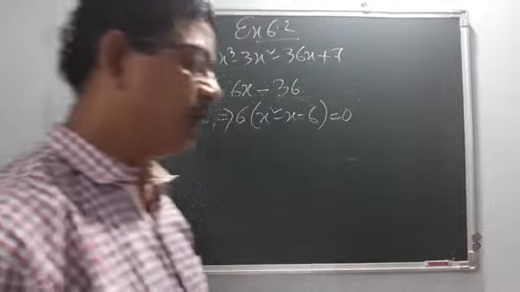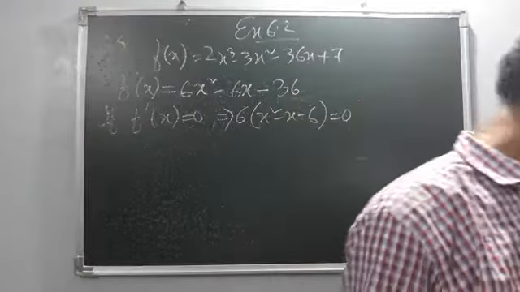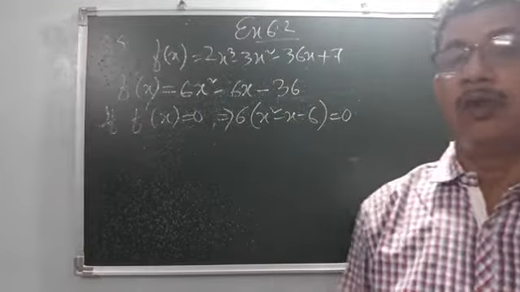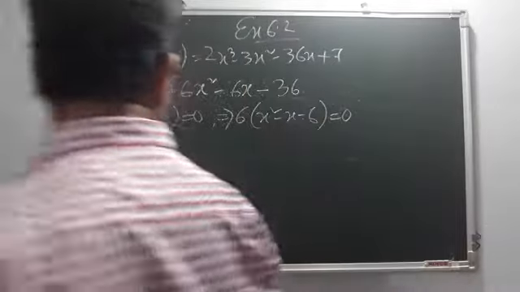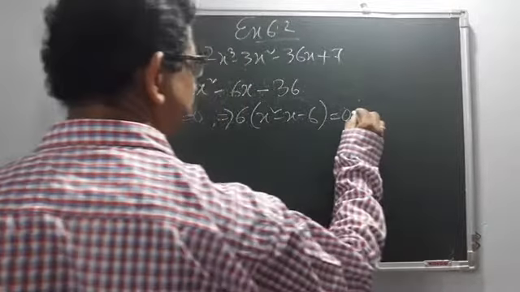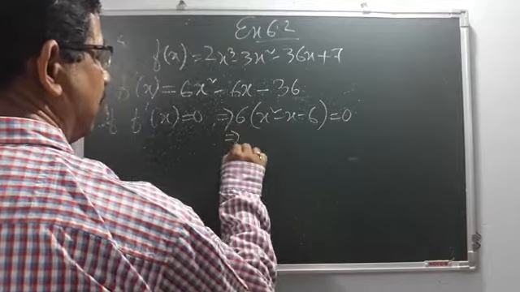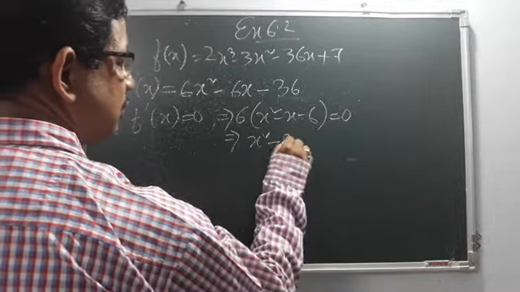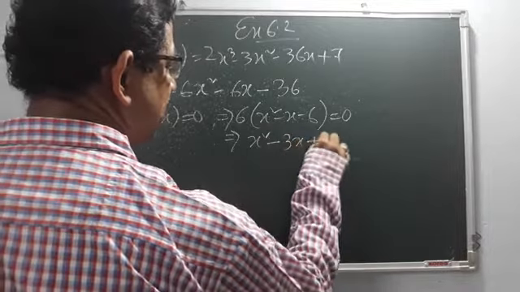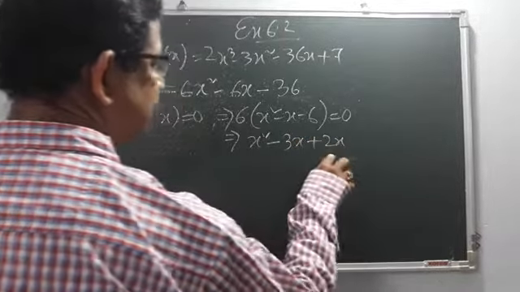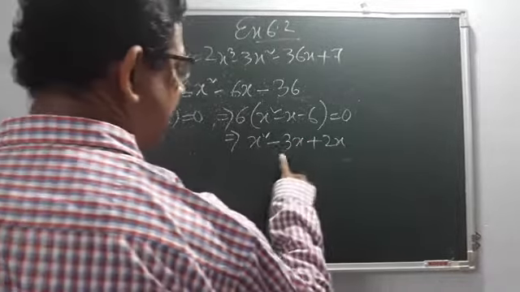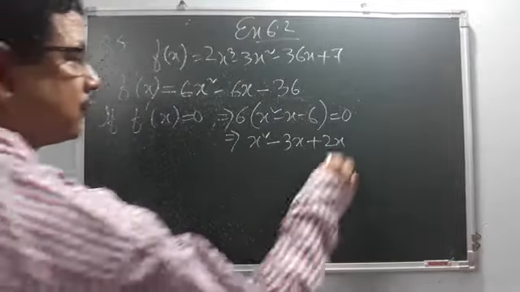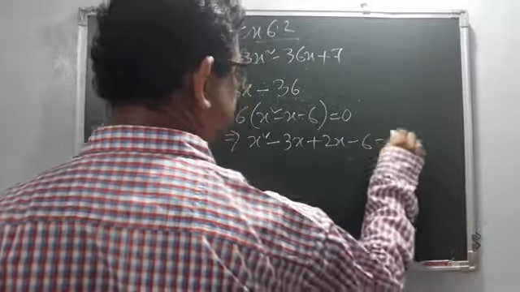Then our process of doing middle term factorization is: 6 can be written as 3 times 2, and −3 + 2 gives −1, so x² − 3x + 2x − 6 = 0.